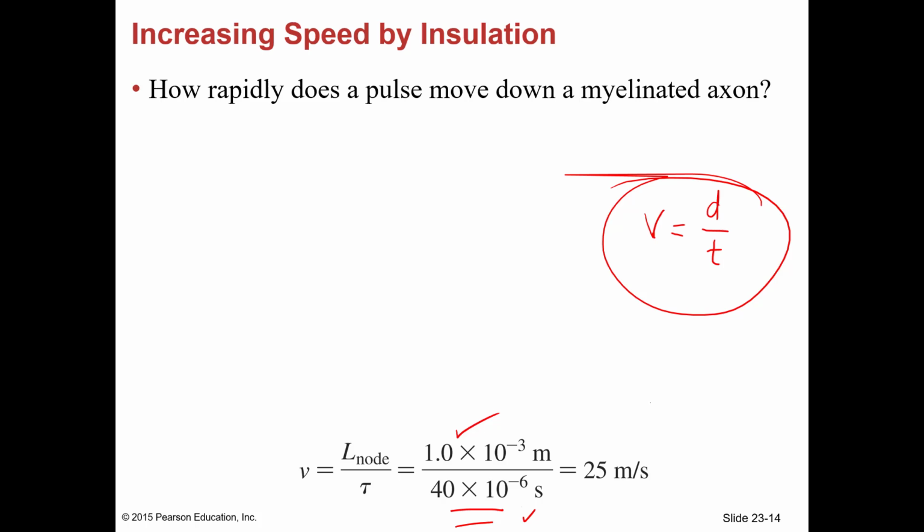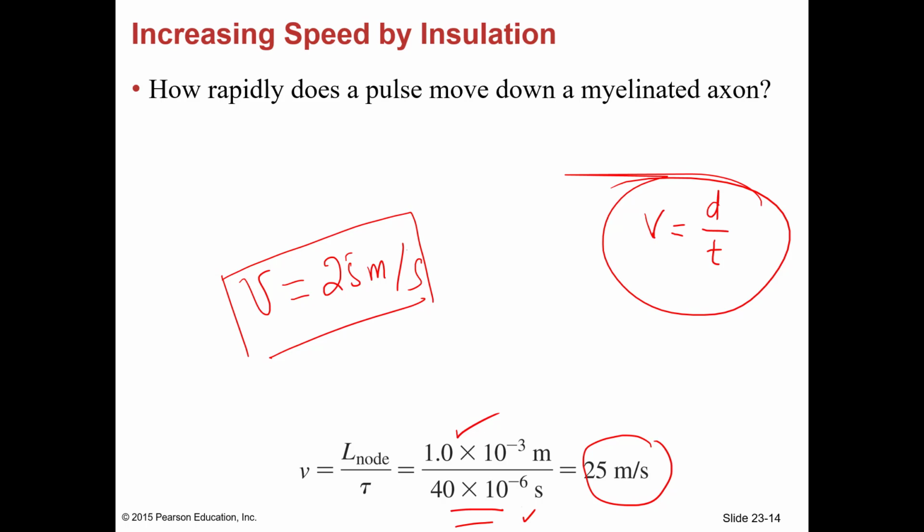So distance over time gives 25 meters per second. That means the signal travels at 25 meters per second in the neurons. That's pretty fast. In 1 second the signal travels 25 meters.